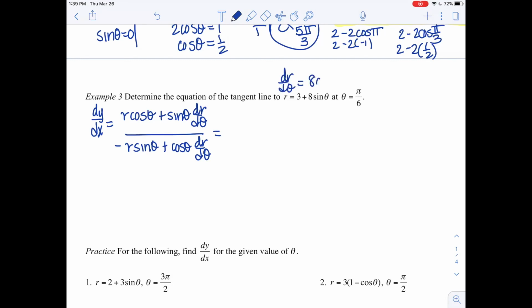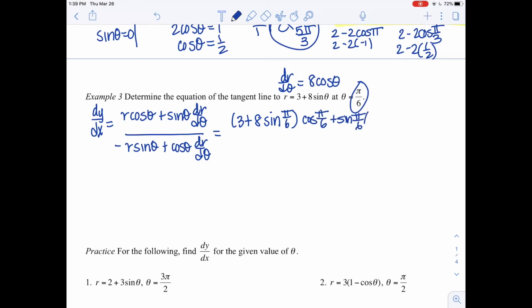Cartesian. Okay, so if I plug into this problem, my dr d theta is going to be equal to 8 cosine theta. So let me write all this stuff in. So I have 3 plus 8 times the sine. I'm going to go right ahead to plugging in the actual theta itself instead of wasting the time to write all this in. So 3 plus 8 times the sine of pi over 6, that's my r.